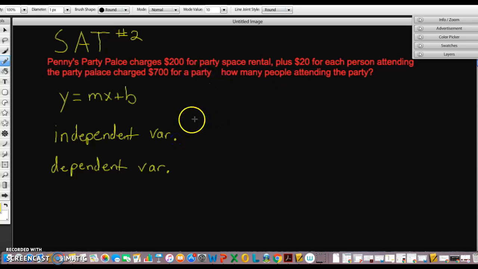So let's first figure out what this equation is, then we're going to talk about the independent and dependent variable. Actually, I'll just give it to you now.